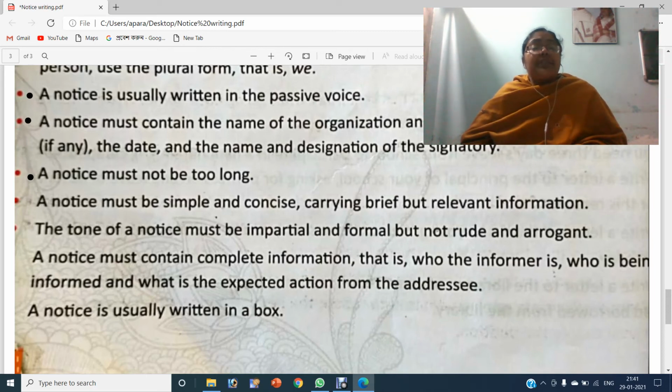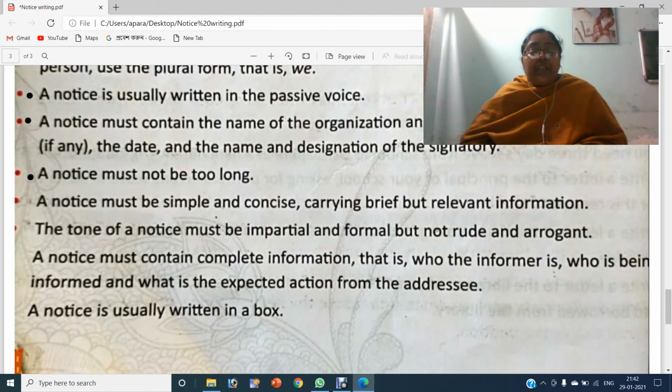A notice must be simple and concise, carrying brief but relevant information. What does this mean? The notice must be written in a simple language so that every child understands, every person understands. And concise means, in short, it should carry the total thing which is to be said to everybody.